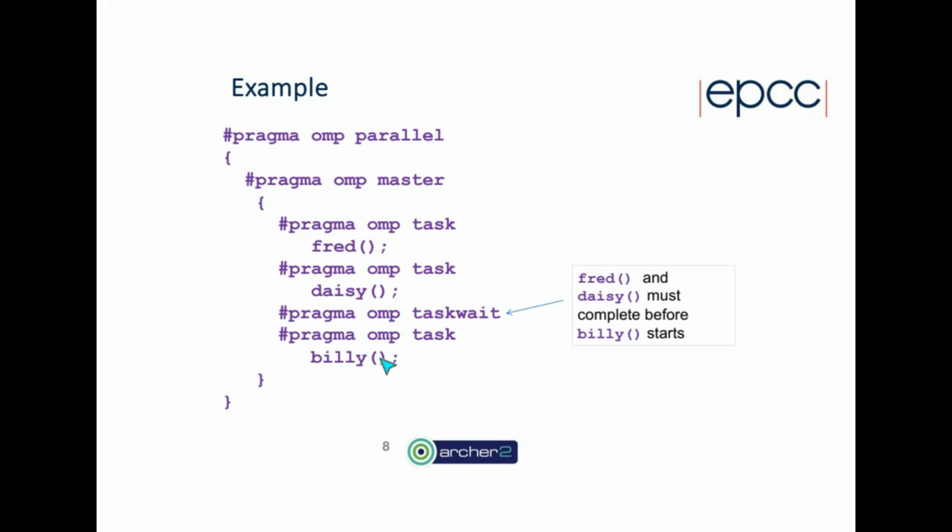You can use this to enforce some ordering. So if Fred and Daisy compute something that's going to be used by Billy, then this is one way of specifying that ordering. It's not necessarily the best way. There are other ways of doing it, but in this case, that's what it would achieve.